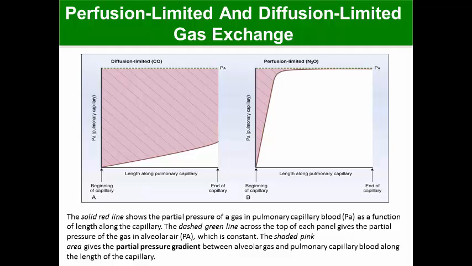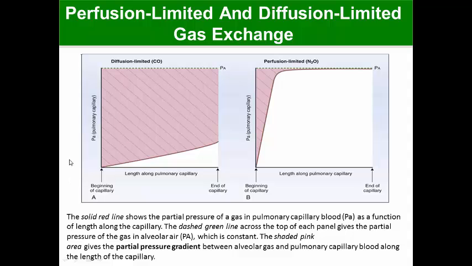Now, the dashed green line across the top is the partial pressure of the gas in the alveolar air. And this doesn't change, as you can see. It remains constant.